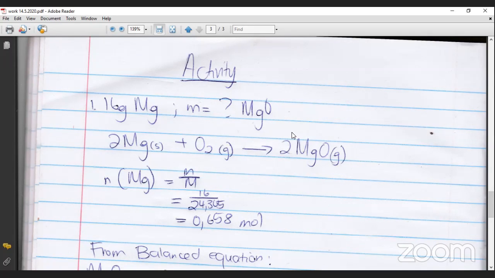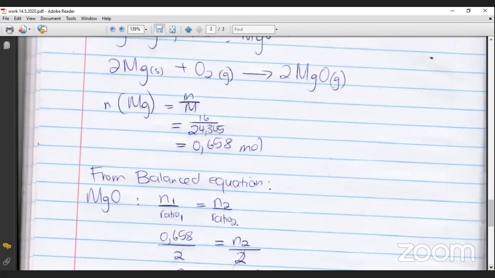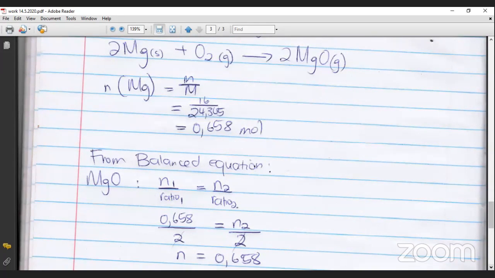Okay, and then from the balanced equation, which is this one, these are the number of moles, this is the number of moles, and this is the number of moles. So it's 2, 1, 2, basically. I just wrote it in ratios so that you guys can understand how we got to it, because I know there are people that usually have a tough time figuring it out. So from the balanced equation, N1 divided by ratio 1 is equal to N2 over ratio 2.